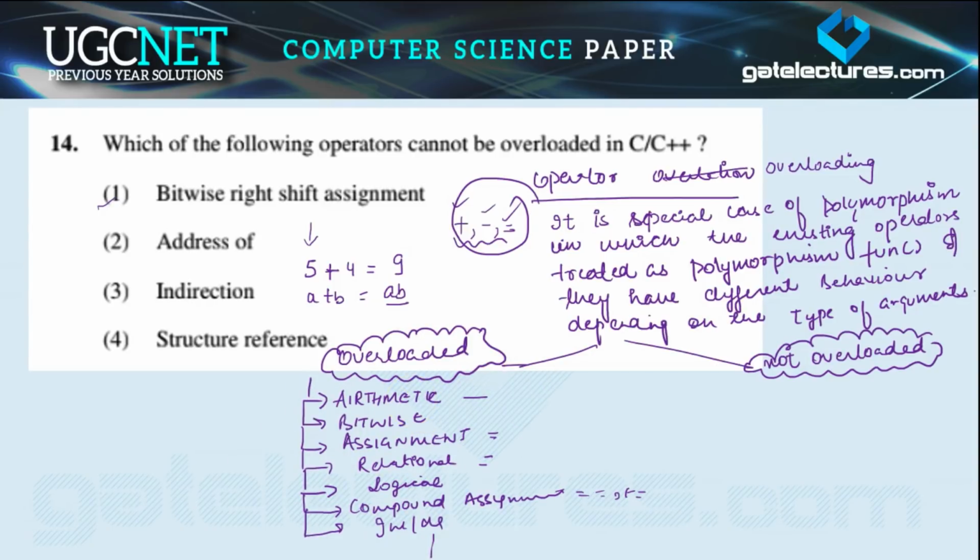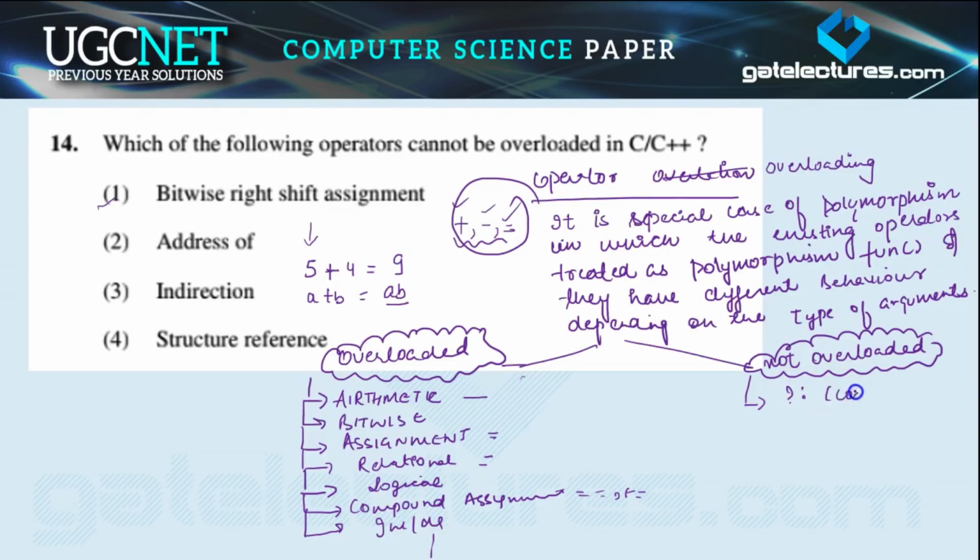Now, overloaded operators are so many, so my suggestion is just remember the not overloaded ones because they are few. If you remember the not overloaded ones, you can easily answer, because the rest of the operators are overloaded. So conditional operators are not overloaded, so write it down.